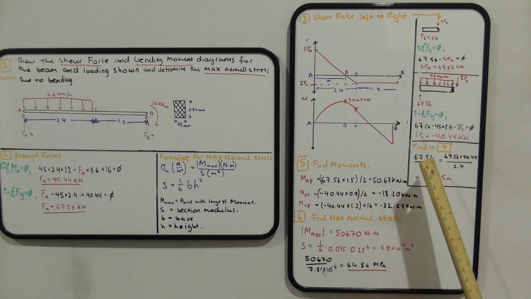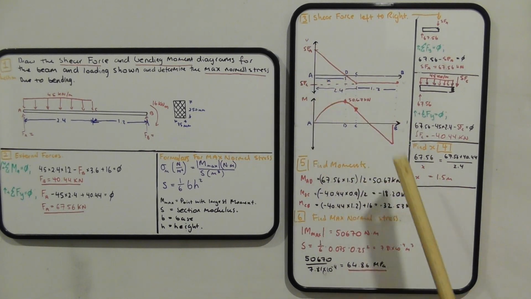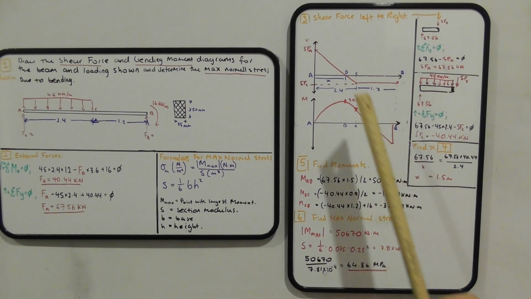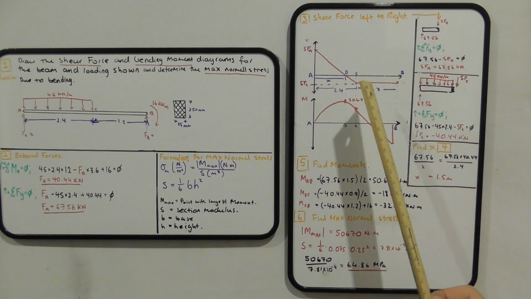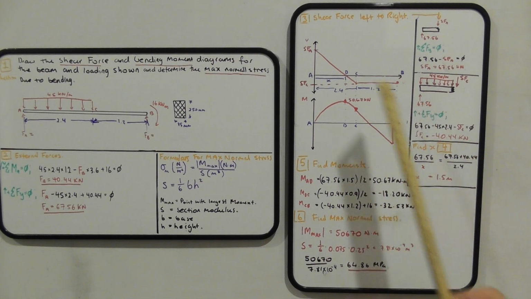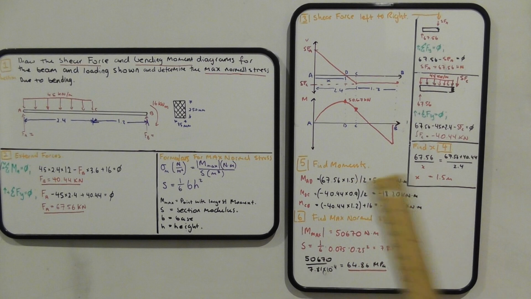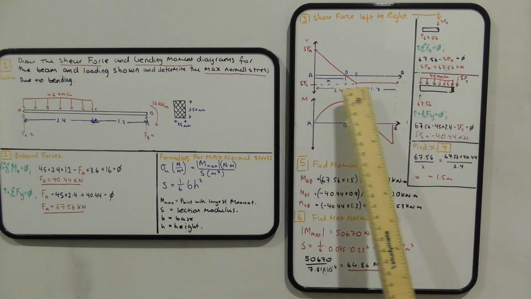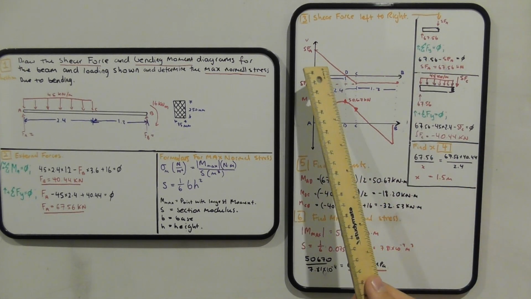We have the 67.56, that's the upper component, divided by X, and then we equate that to the whole triangle, which is 67.56 plus 40.44, divided by the whole length, which is 2.4, and you'll find that X equals 1.5.